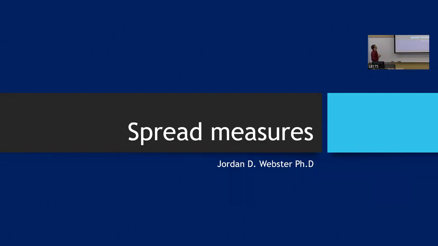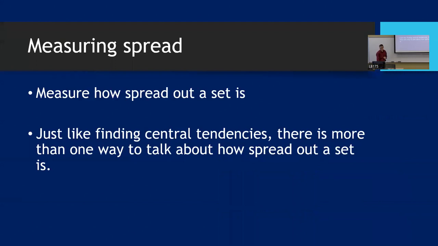All right, so spread measures. With central tendencies, we measure where the center of the group is, and by center of the group, I really mean center of our data set.